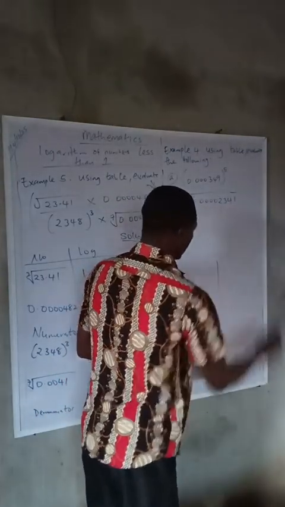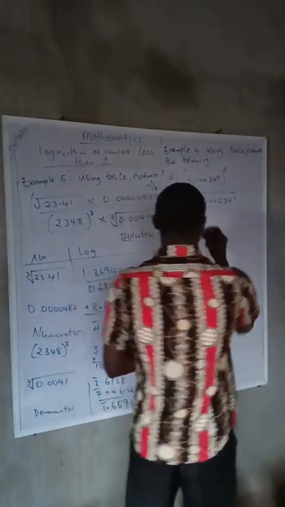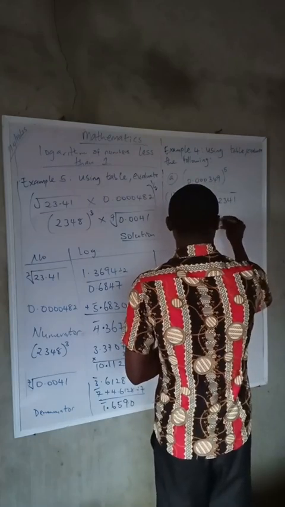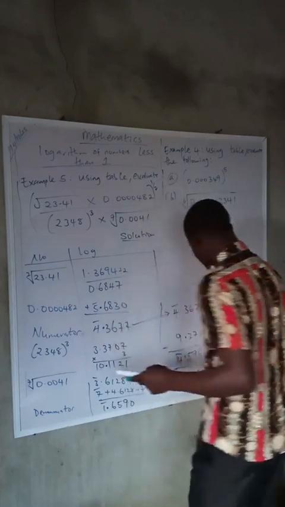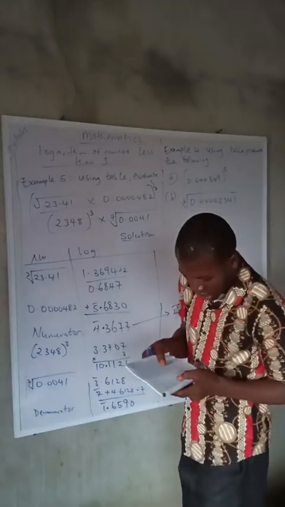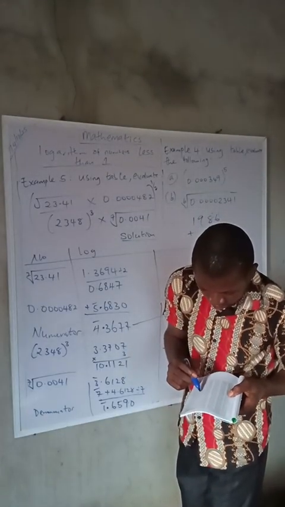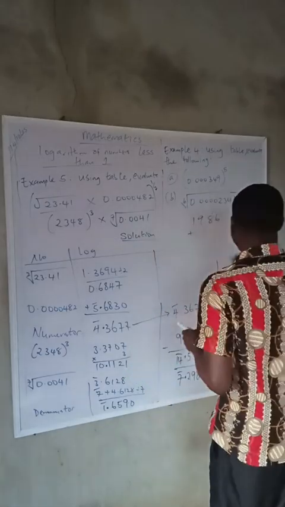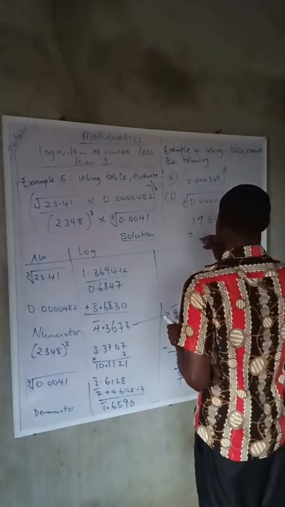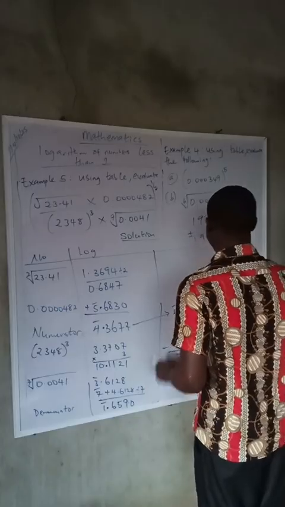Then plus the difference. Difference 3 is 1, so you have plus 1. When you add, you have 1987.